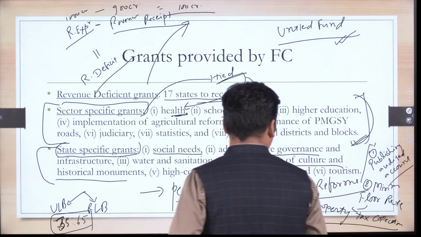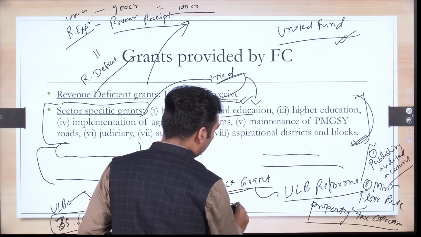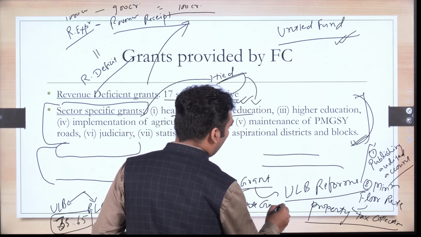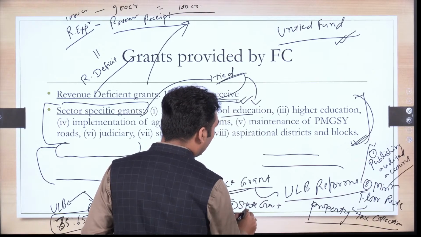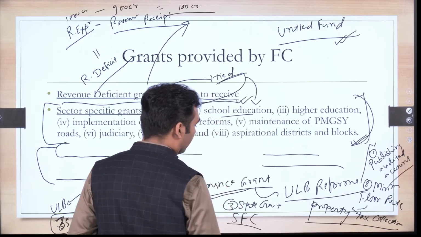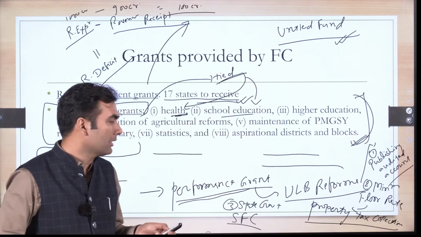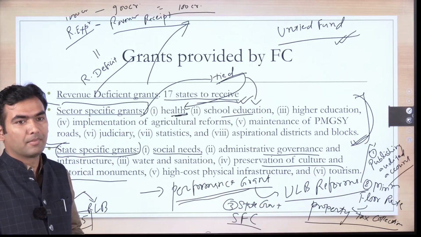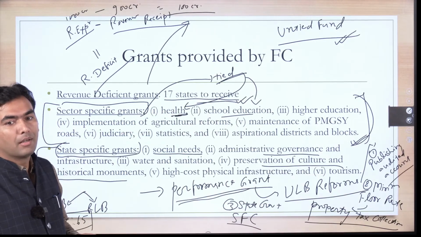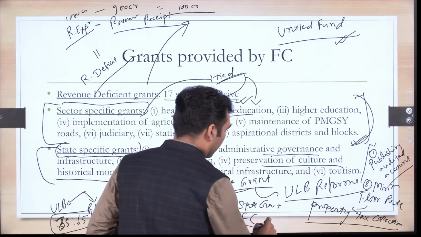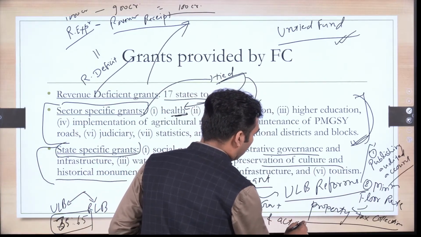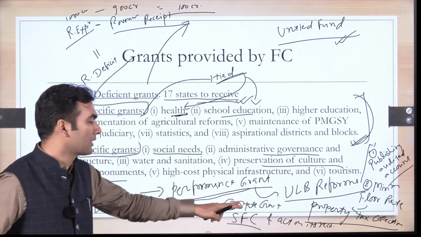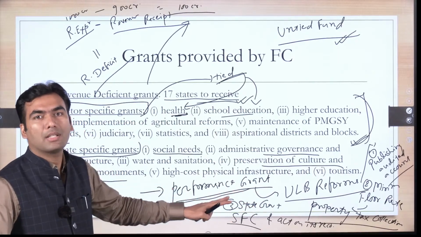And third is that a state government must constitute a state finance commission and act on its recommendations. What I have written at the bottom is that a state government must constitute a state finance commission.